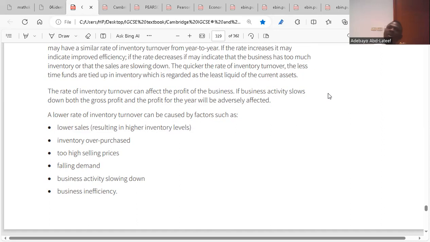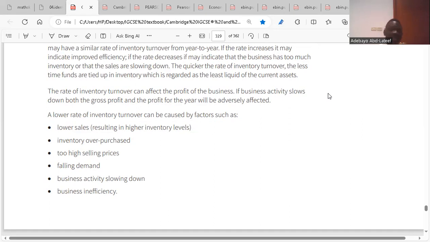Here we're talking about causes of low rate of inventory turnover. They might ask you in the exams, what are the causes of low rate of inventory turnover? What are the reasons why we could have low rate of inventory turnover? If the price is high, rate of turnover will be less.